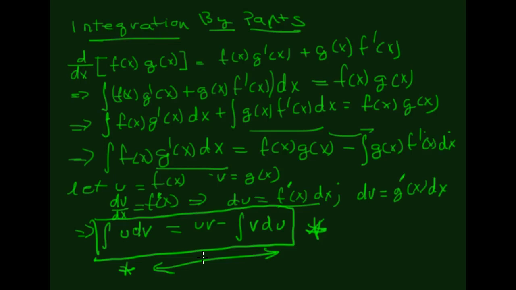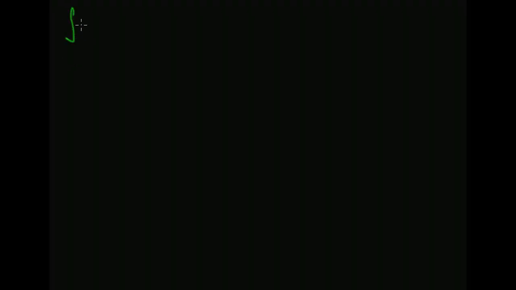All right, so let's see an example of how this works. Let's say I want the antiderivative of x sine of x dx. Now this seems like something that's innocuous and should be really simple, and it's not. So you can try to throw everything you got at this, and you're going to run into some problems.